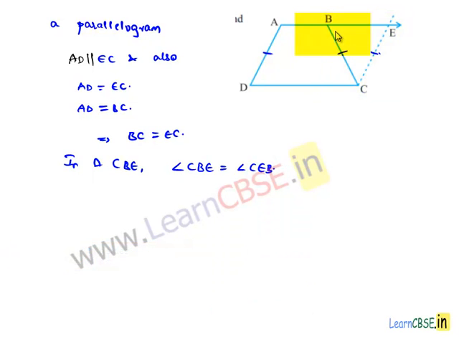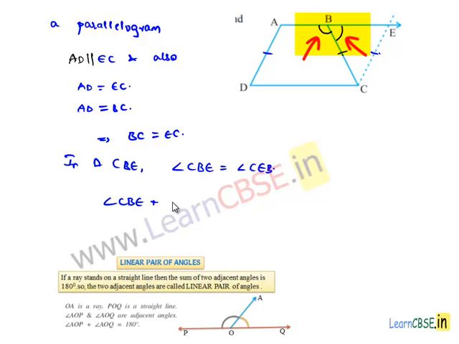But here angle B and angle CBE form a linear pair. We know that the sum of angles on a linear pair is equal to 180 degrees. We can say angle CBE plus angle B is equal to 180 degrees.